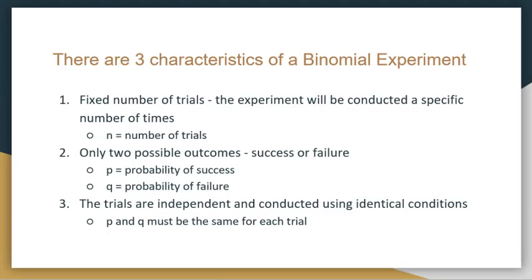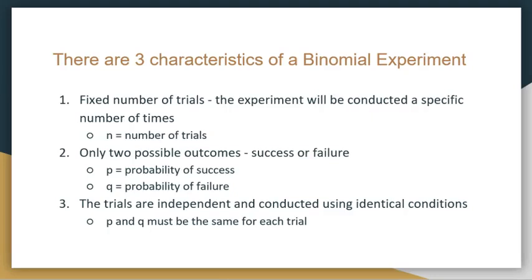If I roll dice, rolling a 2 one time doesn't change the chances of me rolling a 2 the next time. But if we are drawing cards, we have to make sure that is done with replacement so that the probability is the same every time. Otherwise, it cannot be a binomial experiment.